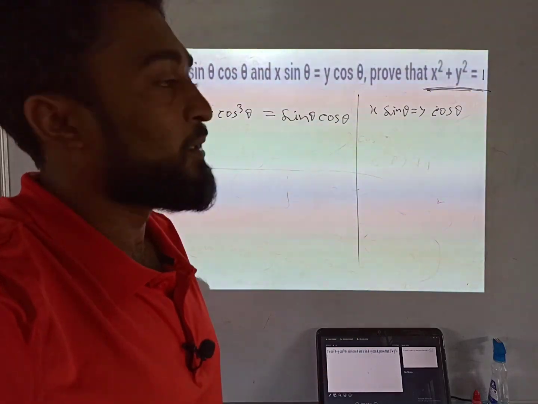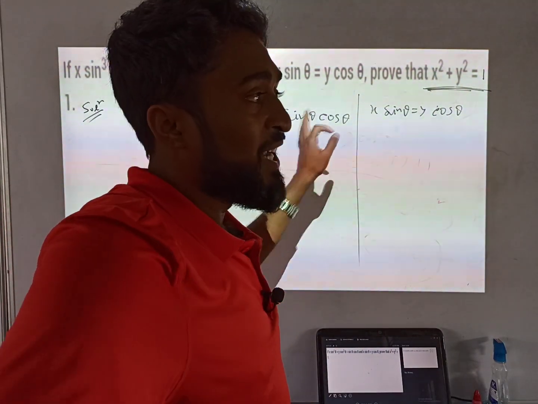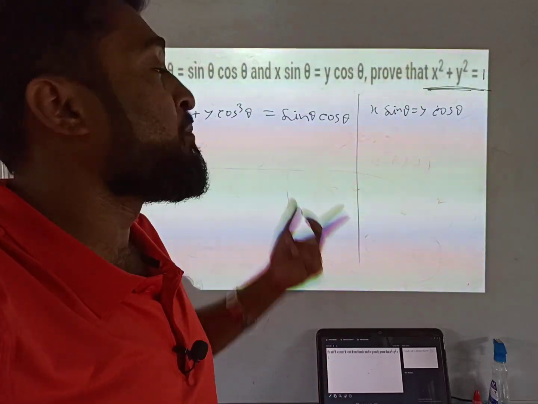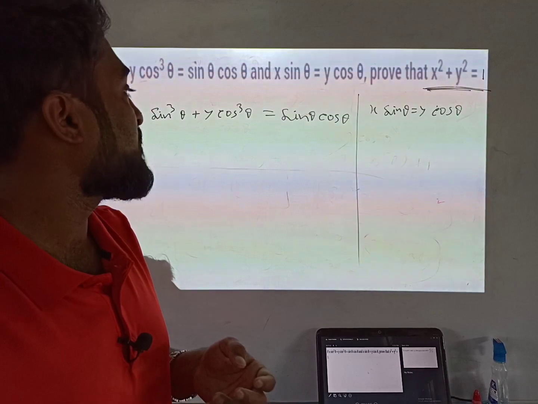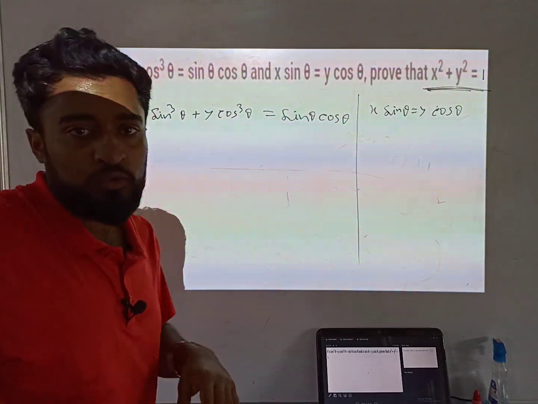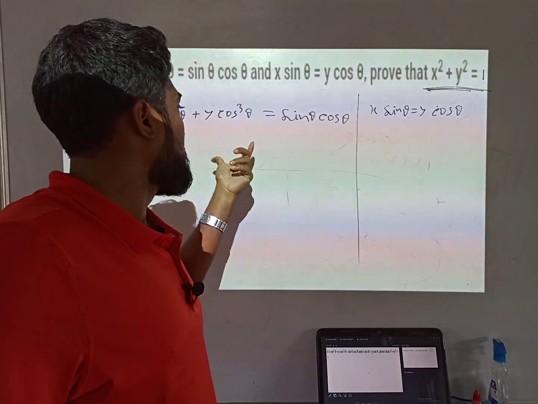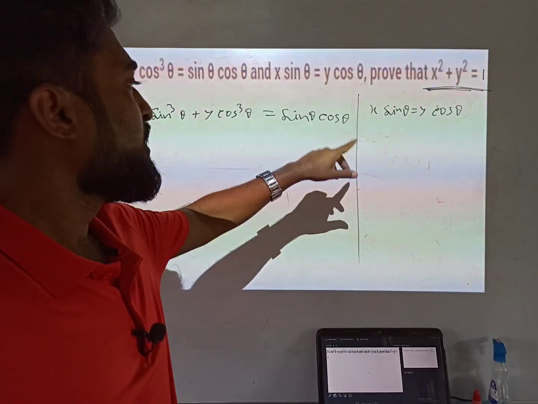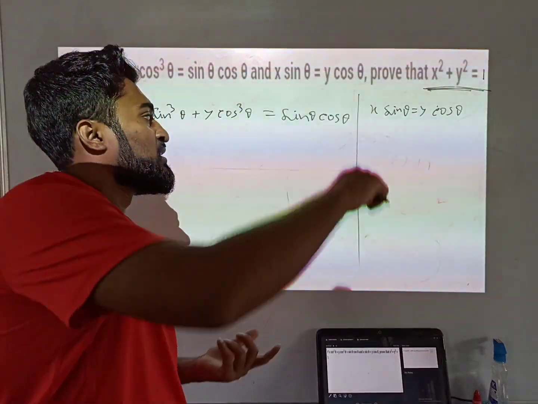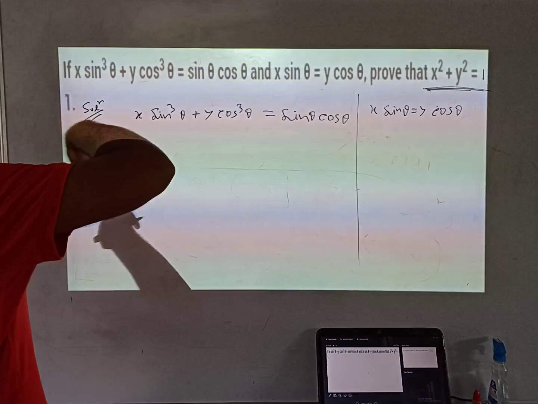But we are given two equations and the number of variables is 3, so it is not possible to solve unless you reduce the number of variables to 2. That is why our first target is to reduce the number of variables.